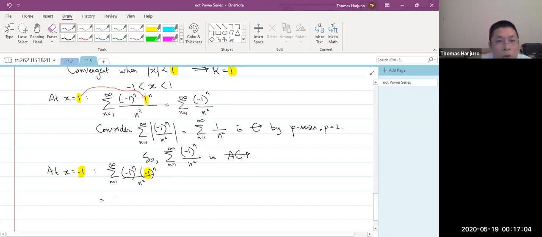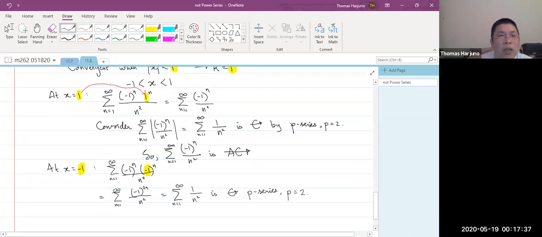Let me do below what happened on the top. We get (-1)^(2n), is it right? Which is 1 over n squared. That is convergent by the P series, P equals 2.